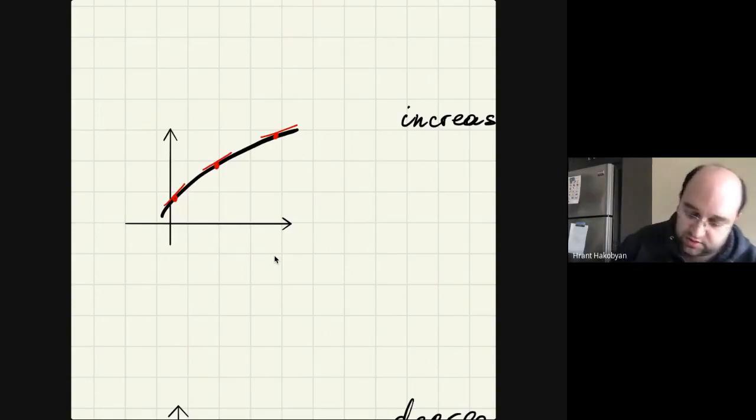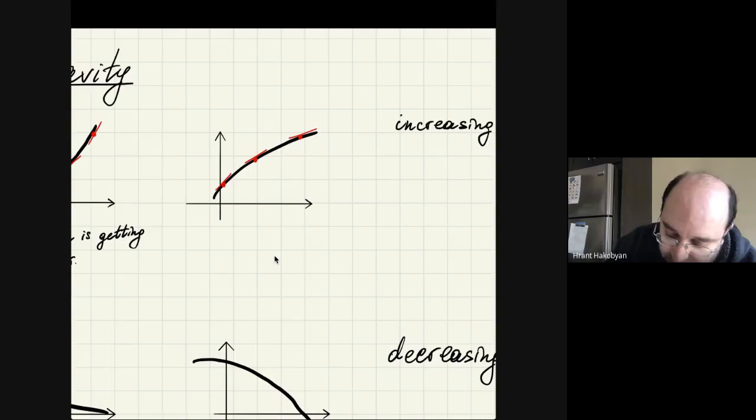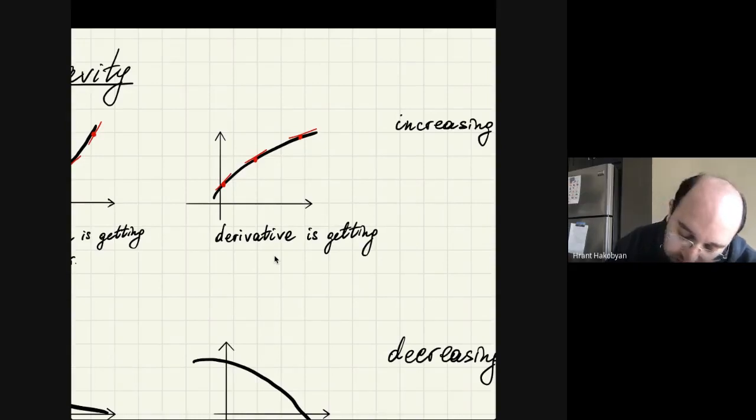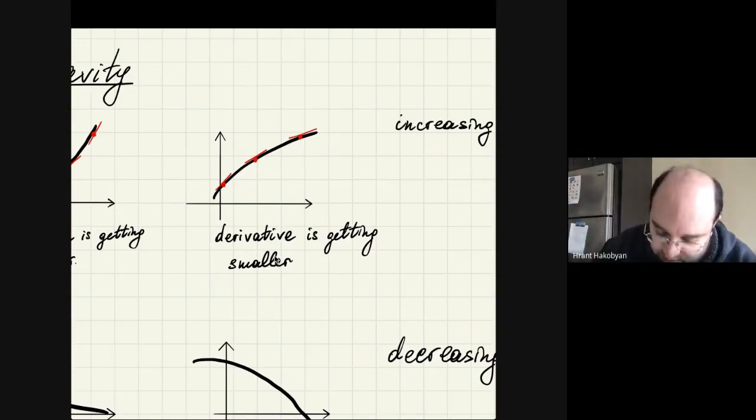So what's happening in this situation is that the derivative is getting smaller, right?